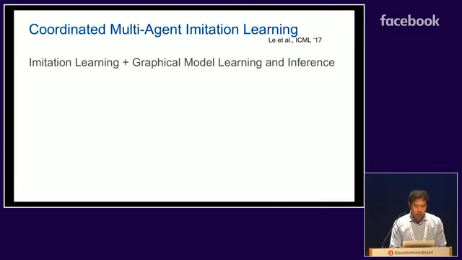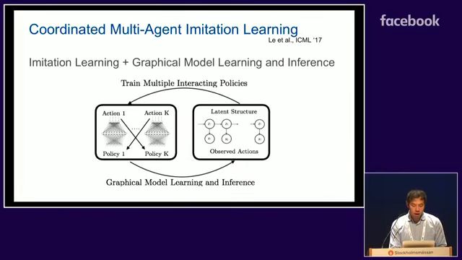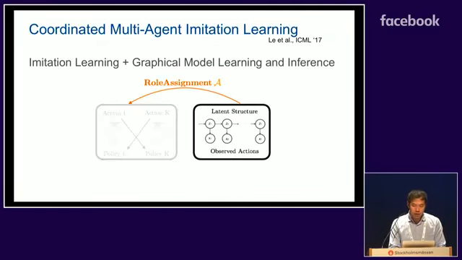The method proposed in this paper is to combine imitation learning with unsupervised graphical model inference and learning. The graphical model encodes the latent role information, where we optimize the policy and learn the graphical model in an alternating fashion. In particular, for each iteration, if we fix the graphical model parameters, then we can solve a small combinatorial optimization problem to assign the right index to each agent.